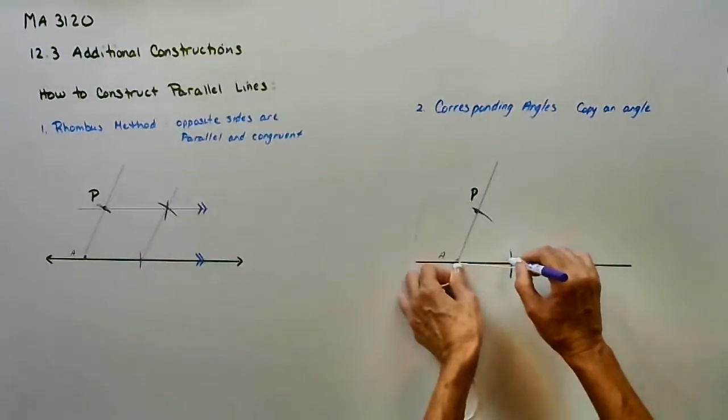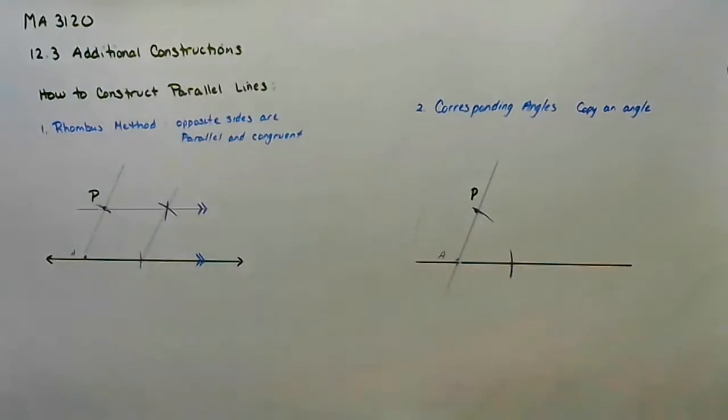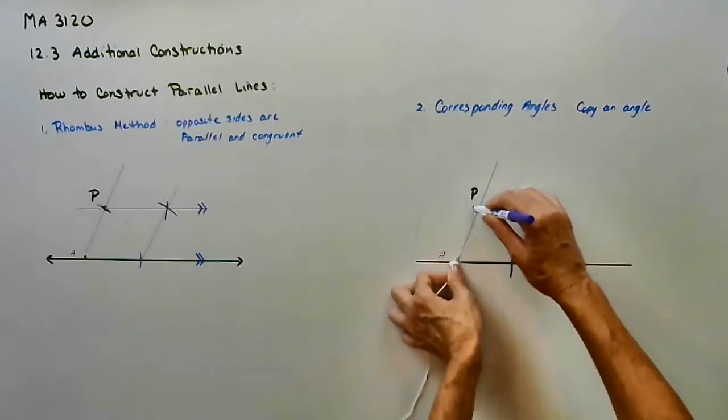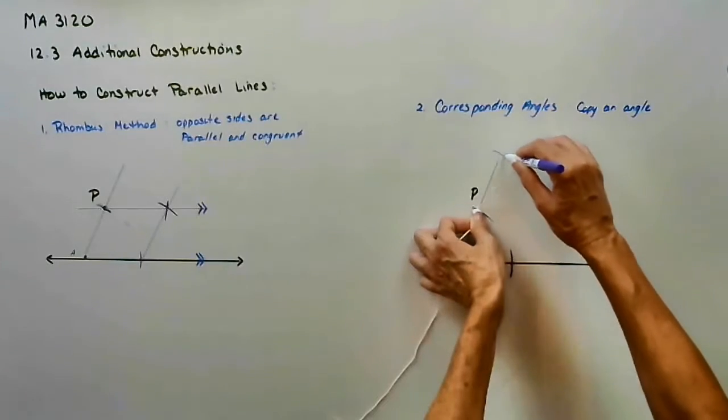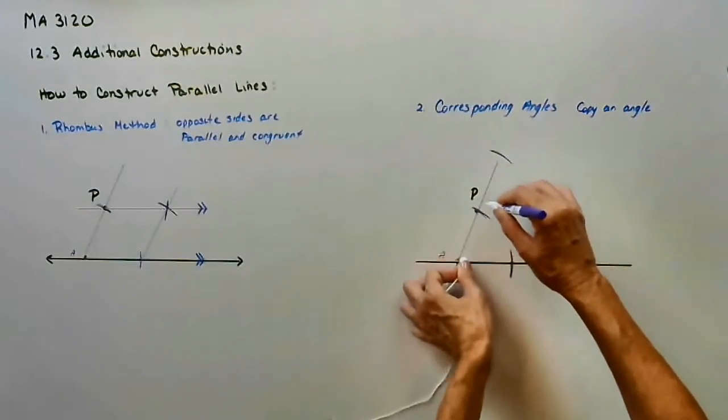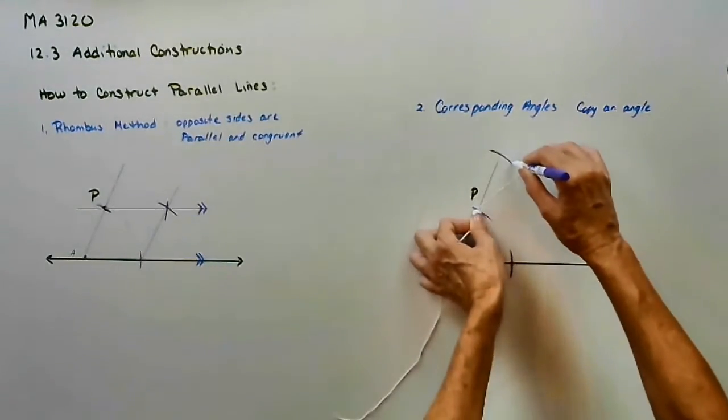And now I want to make sure I copy that line segment. So since I know this is the distance we have, I'm going to slide it straight up. So see, I've now just gone straight up.